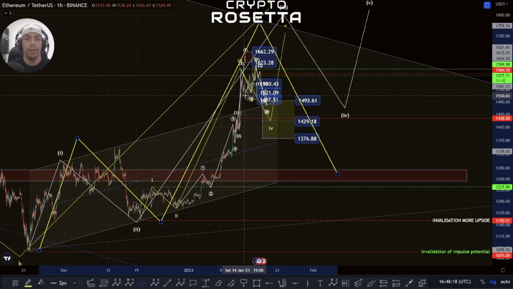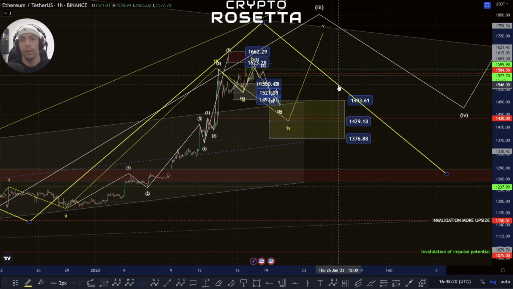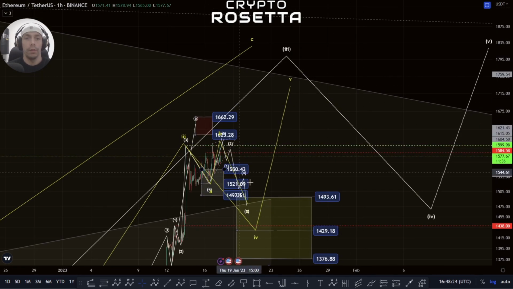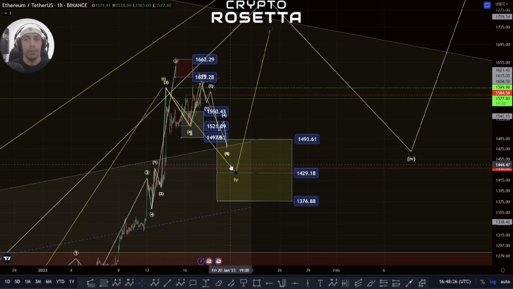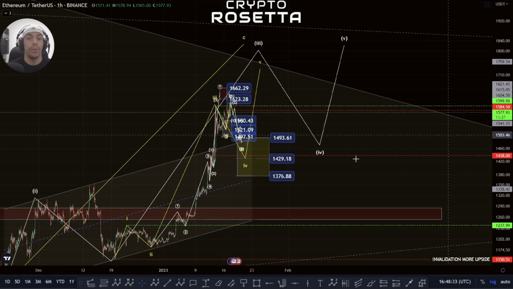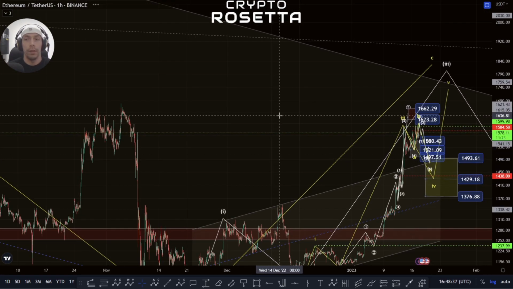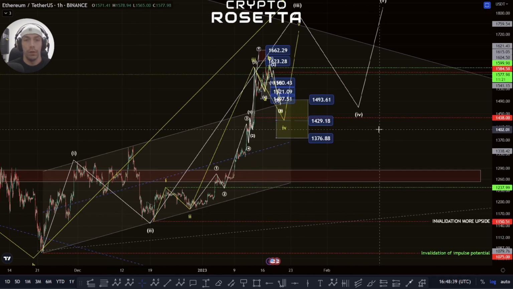Though really, for neatness, I would like to see this white 5-wave move play out and actually get this confirmation. But until we get these fourth waves, we need to just bear in mind we don't have a completed 5-wave move to the upside yet. So this can always just roll over and we could look to face rejection and basically continue to the downside.